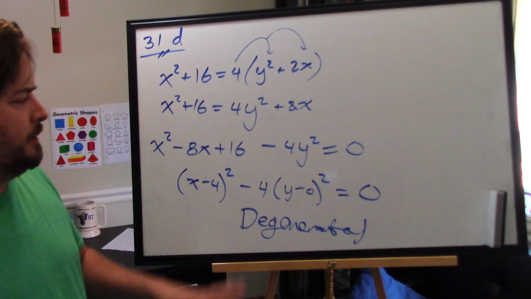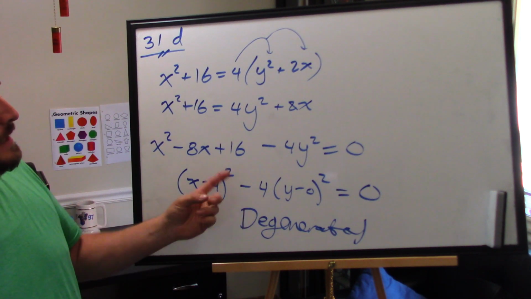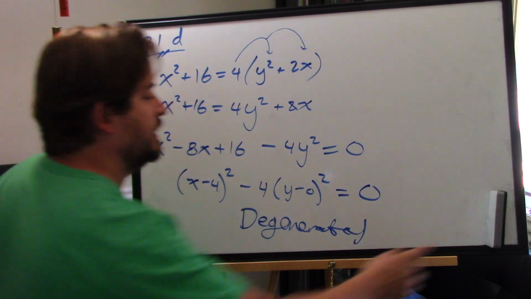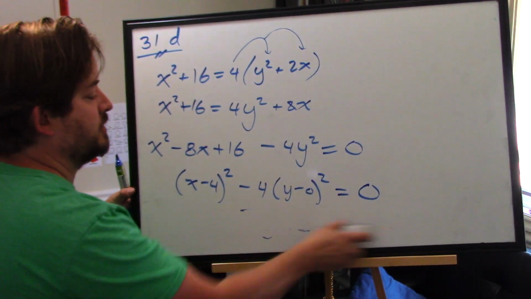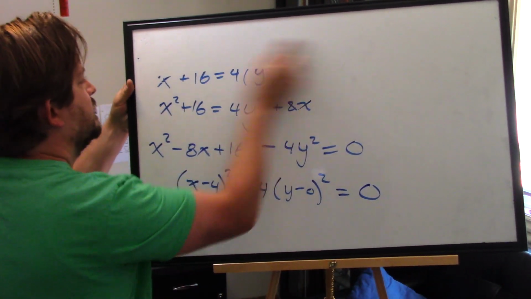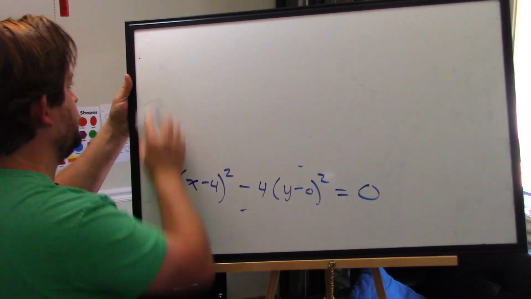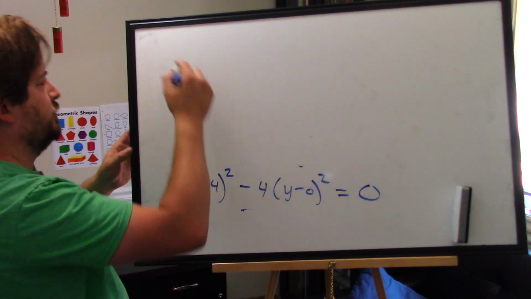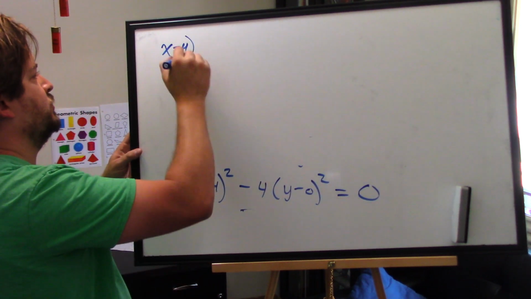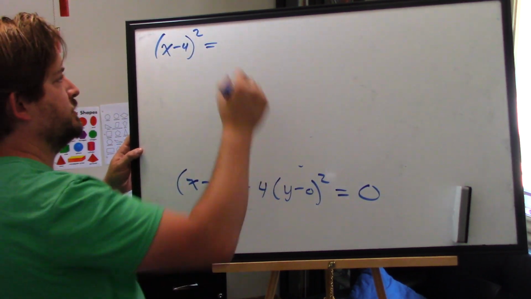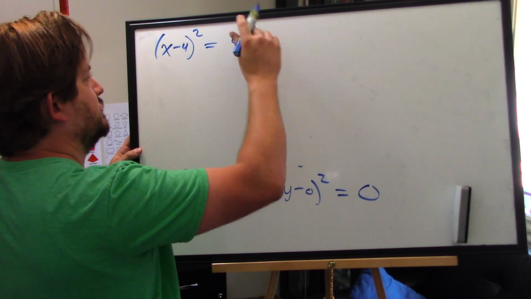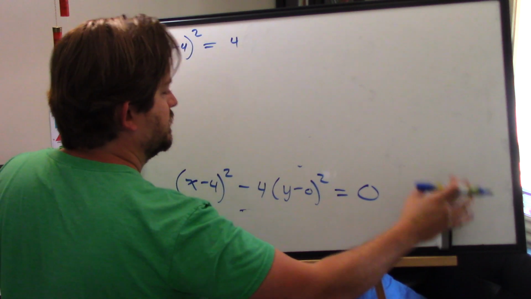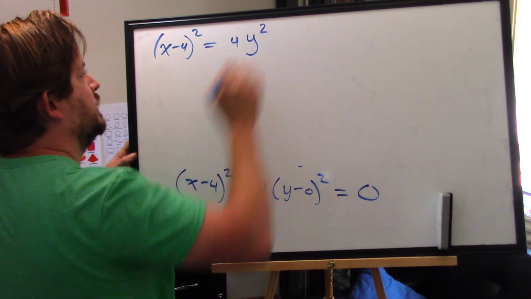It's a degenerate, right? And what happens in this case is it's no longer a hyperbola, but I can move this term over to the right-hand side, and we'll see that this will probably turn into 2 lines. So I'm going to move it back over, so I have x minus 4 squared on the left is equal to 4y squared on the right.